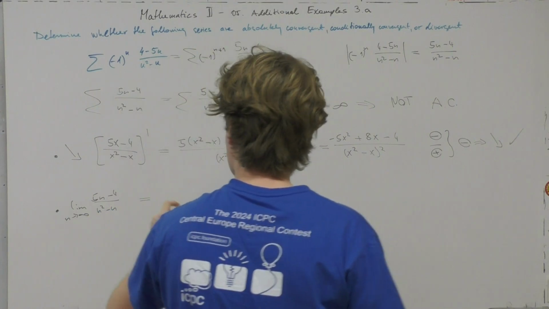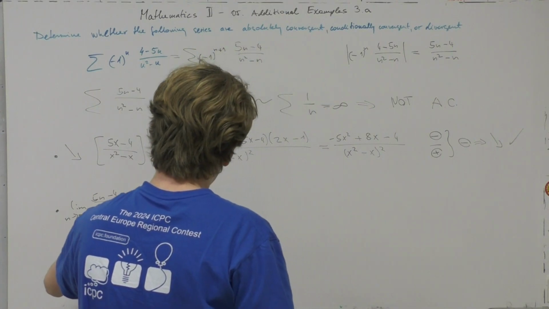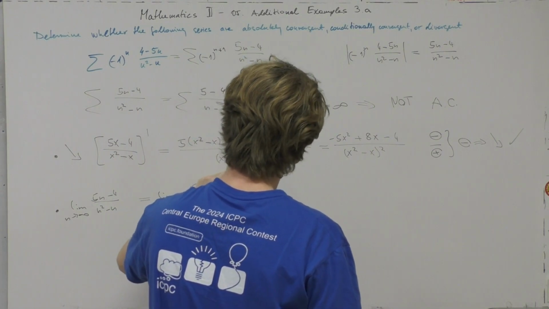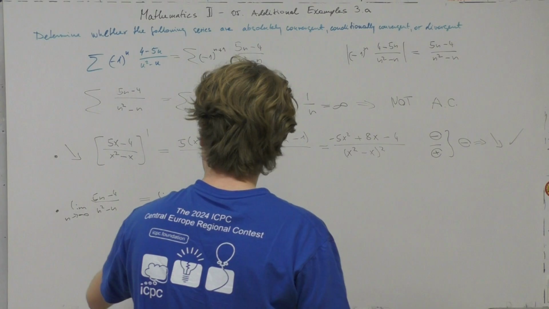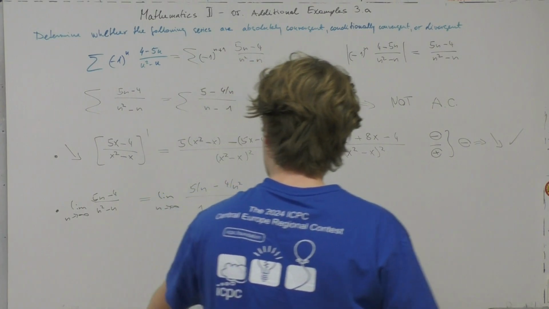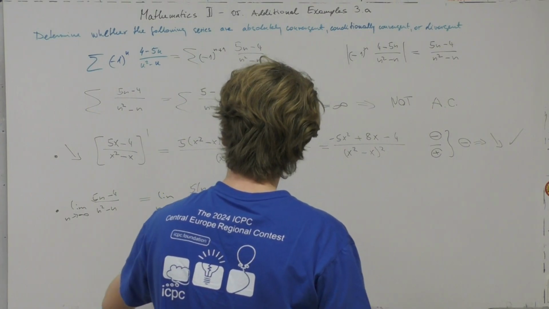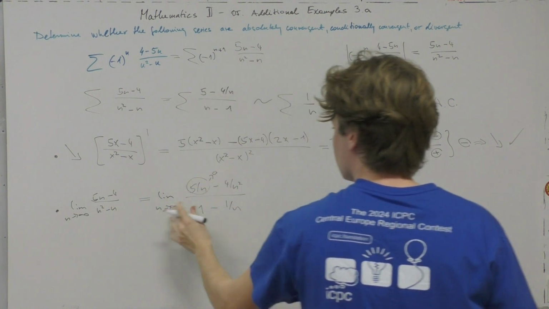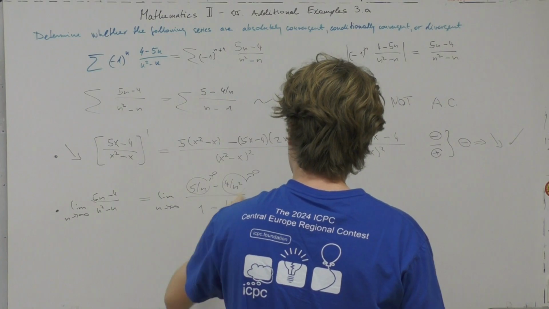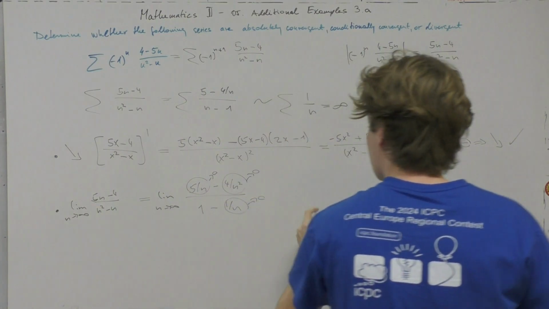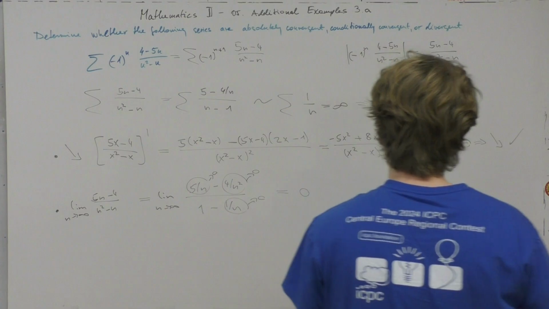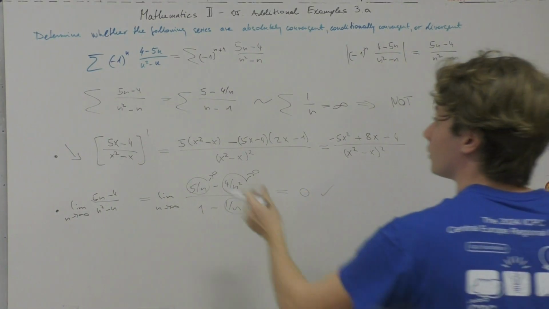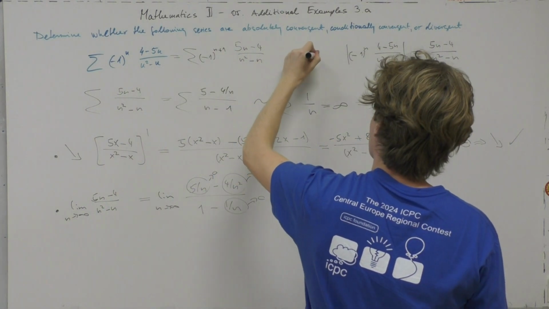Obviously this limit is nothing else but (5 over n minus 4 over n^2) over (1 minus 1 over n). 5 over n goes to 0 as n goes to infinity, this also goes to 0, and this also goes to 0. Therefore, the limit is 0, so the second condition also holds, and this means that our series is conditionally convergent.